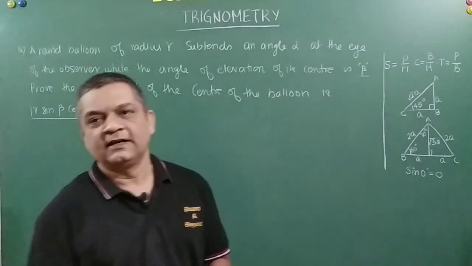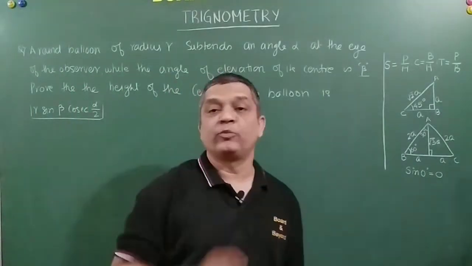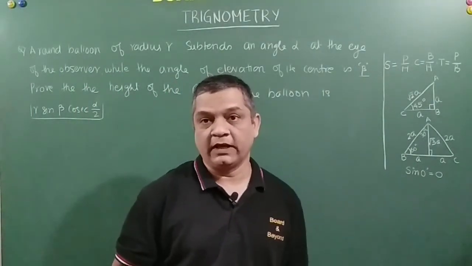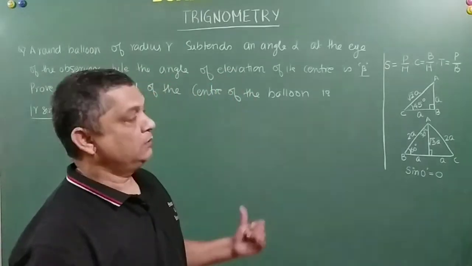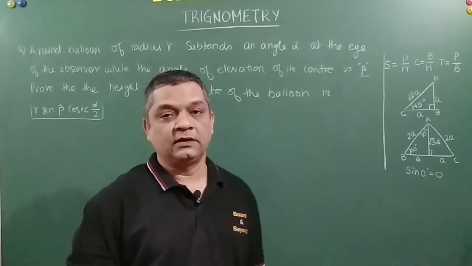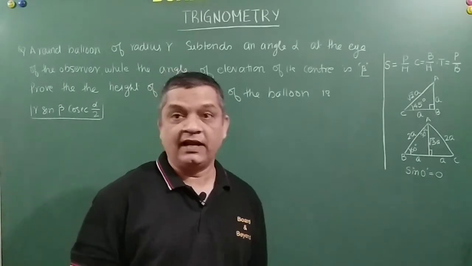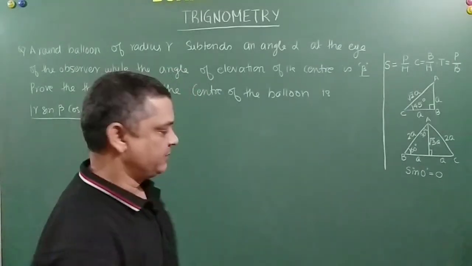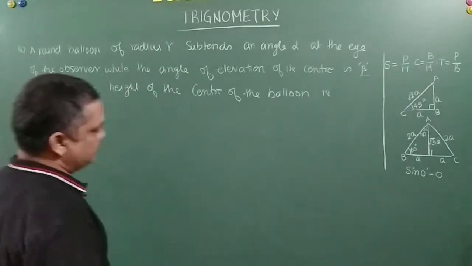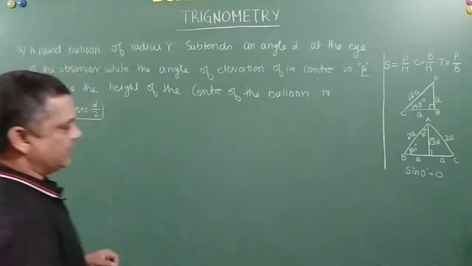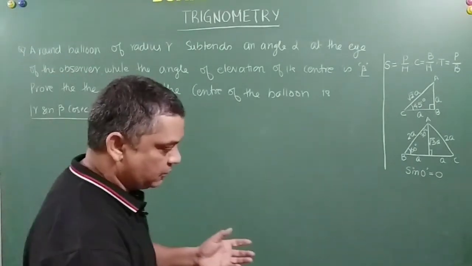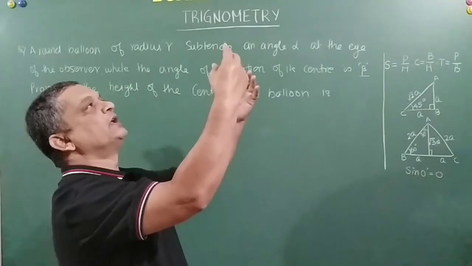Okay, friends. Again, a very important question for you. Till now, this has not appeared in the examination, but it is very likely to appear in the examination. So, friends, the problem says that there is a round balloon. A person is seeing from here.